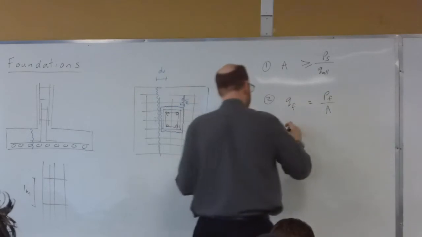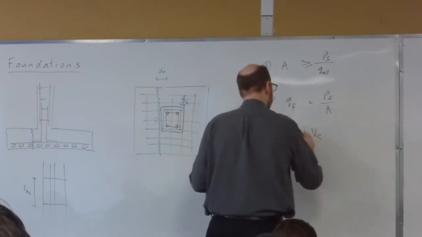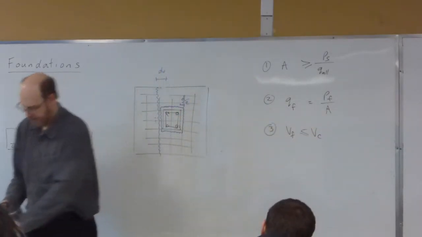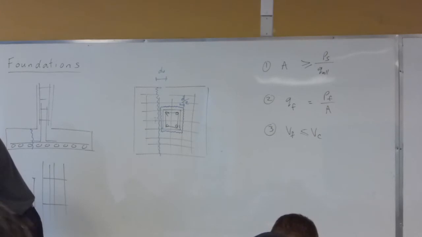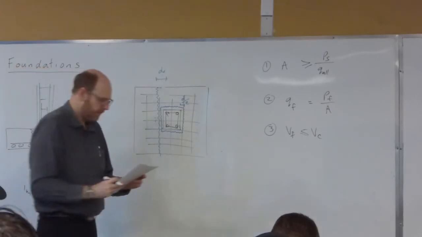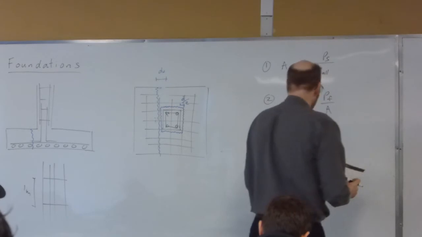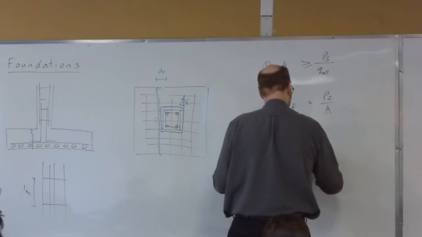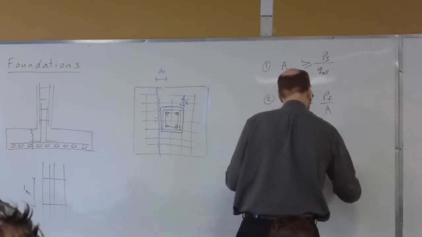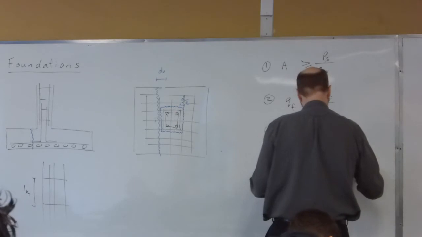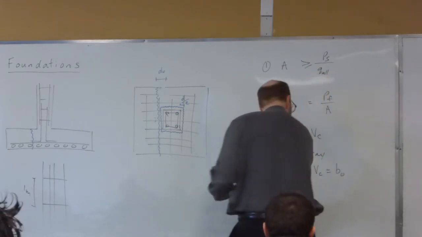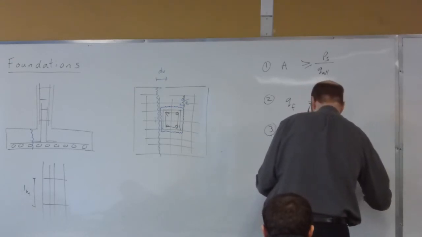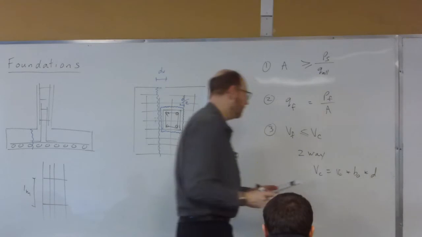So of course we want to set our VF equal to VC. In fact, I'm going to say VF is less than or equal to VC. Now for two-way shear, VF is greater than VC, is that right?